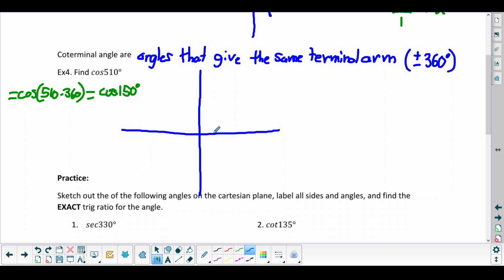So if I draw 150, hey look, I end up in that quadrant I thought I was going to end up in when I sketched out that 510. So let's draw this. So this is 150 degrees. So we need to find our reference angle here.